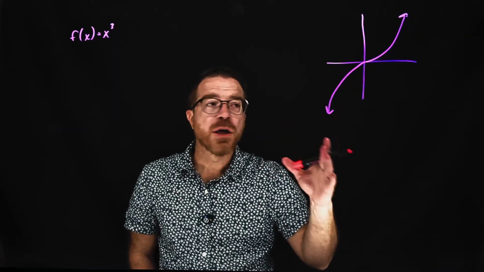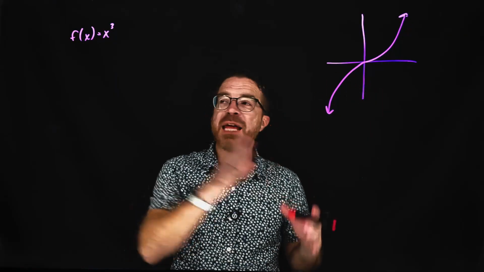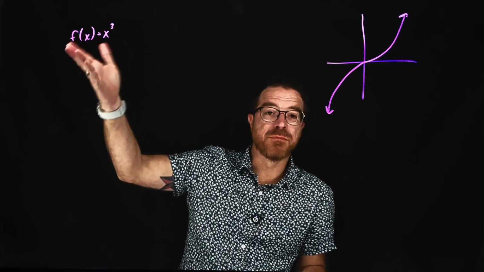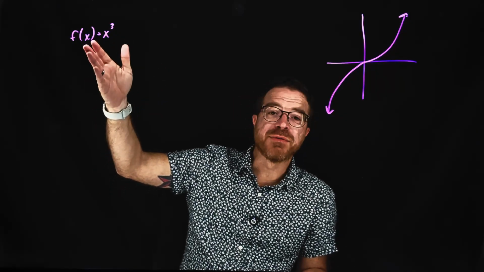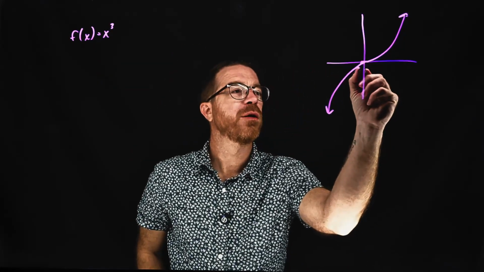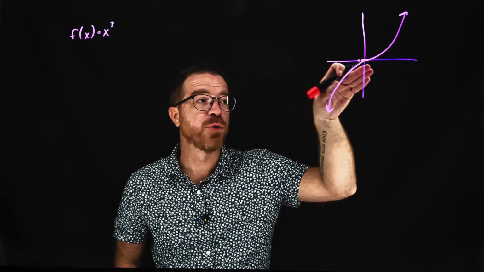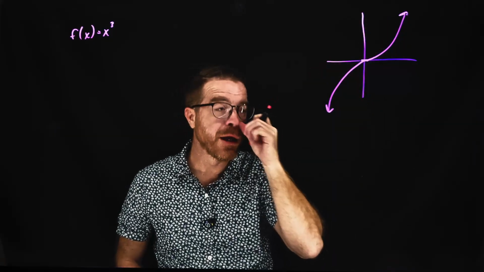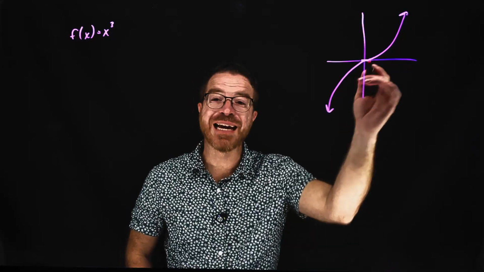So based on this, what are our local minimums and maximums? Well, in this case, if we were to find our derivative, which we'll talk about later when we talk about our derivative rules, and set this derivative equal to 0, we would get that we have a possible candidate right here, where the slope is equal to 0, where it's going from a decreasing change in slope to an increasing change in slope. But as we talked about, one of those candidates could also be saddle points, which is exactly what this is.